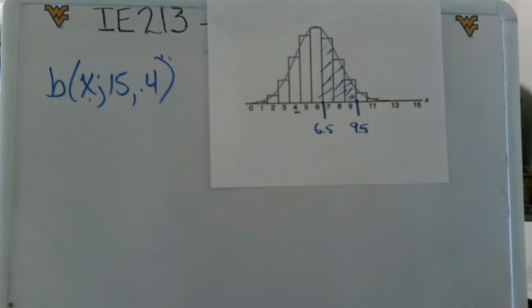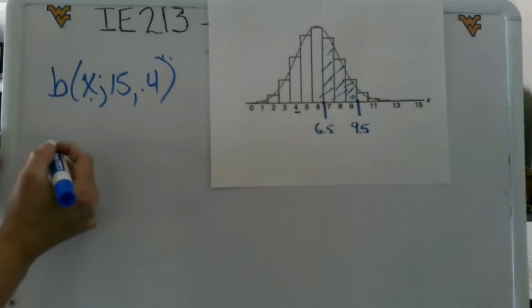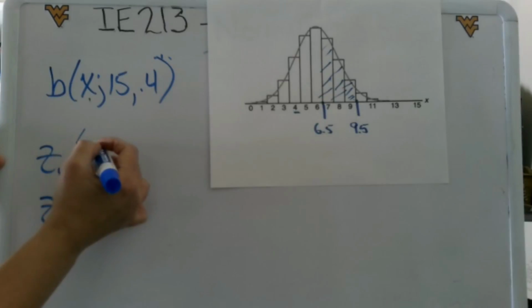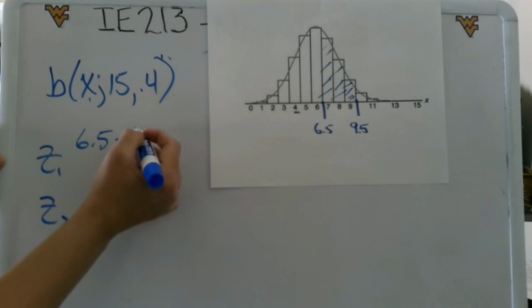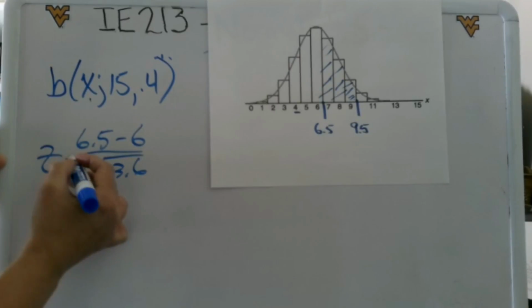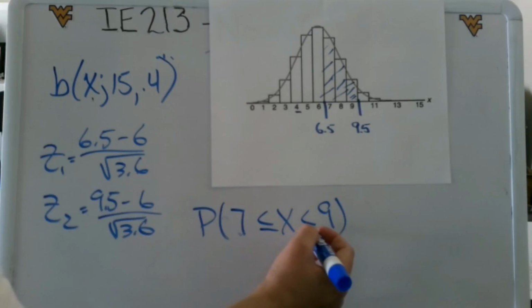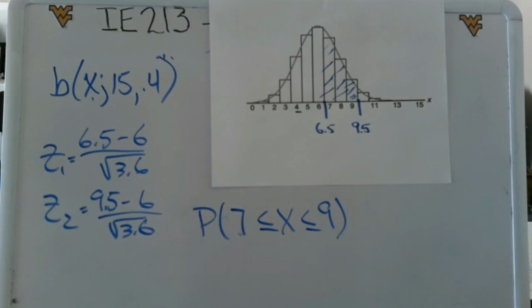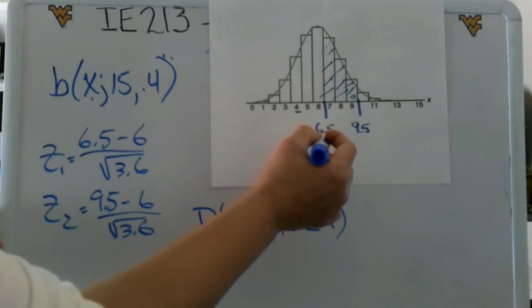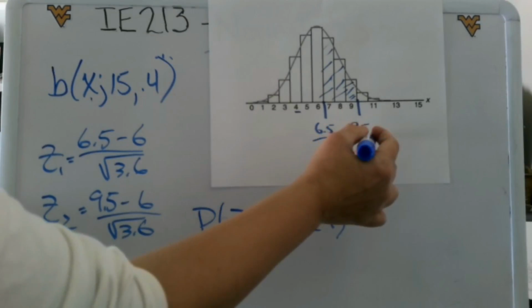So we would do the same analysis, doing a z1 and a z2, at 6.5 minus 6 over the square root of 3.6 and 9.5. So if we wanted to find the probability that x is between 7 and 9, we would use 6.5 to 9.5.